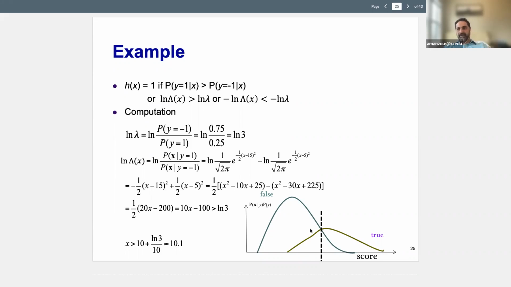Intuitively speaking, guys, as you can see, if the probability of Y equal to -1 is much higher, this curve goes up, it becomes greater, and it pushes the boundary to the right.